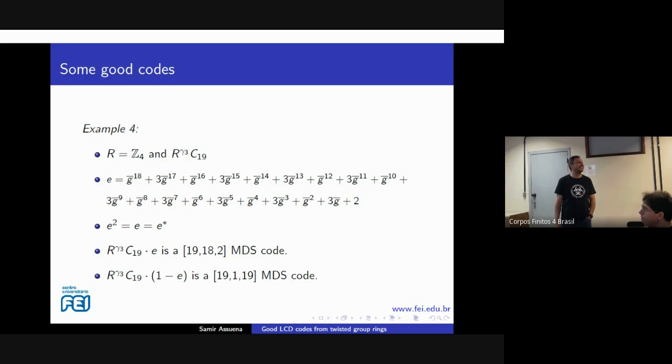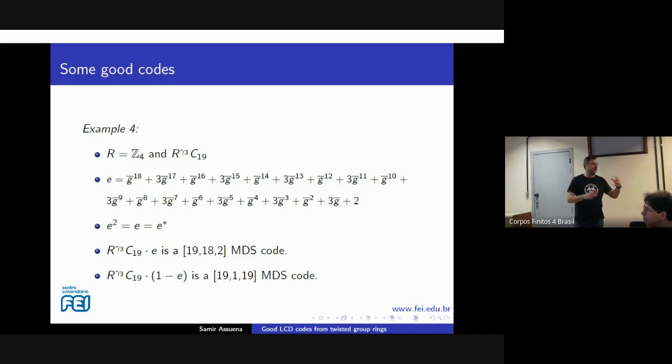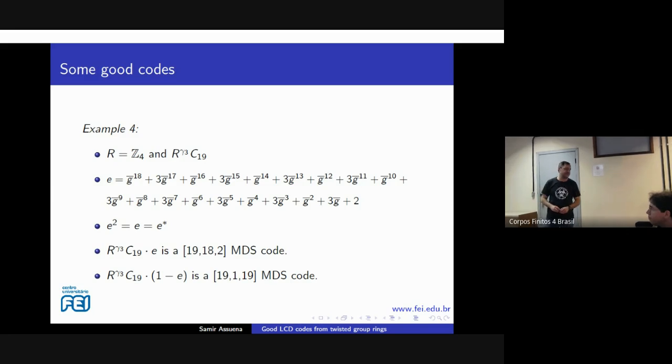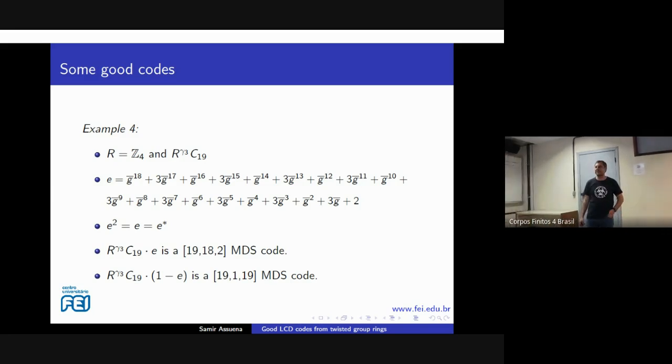I think that using this Galois inner product is something very hot. In our case, the expert in quantum codes is André. He should be here, but it's our next step for sure.